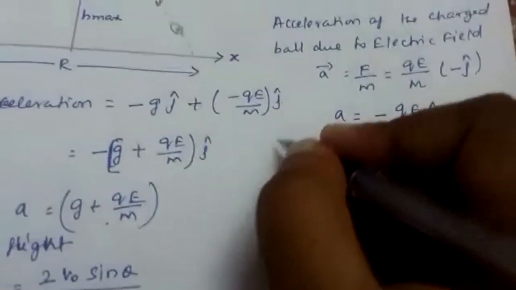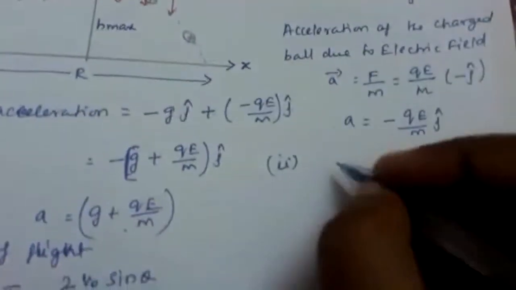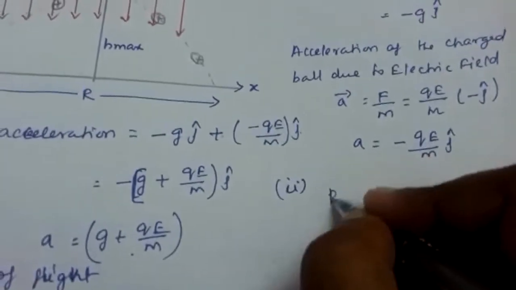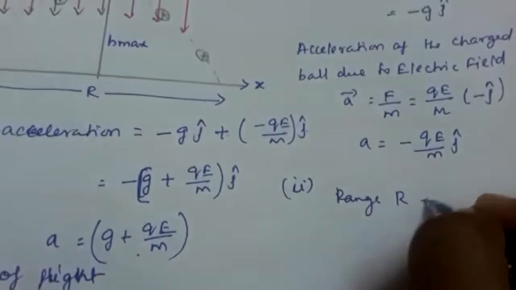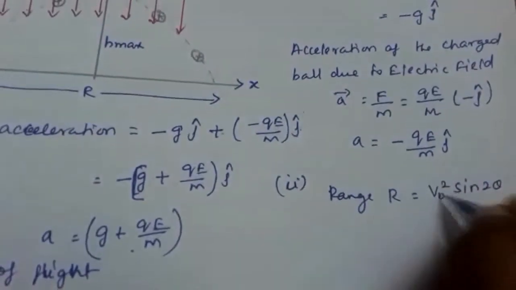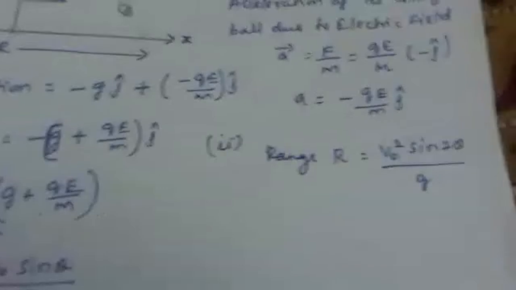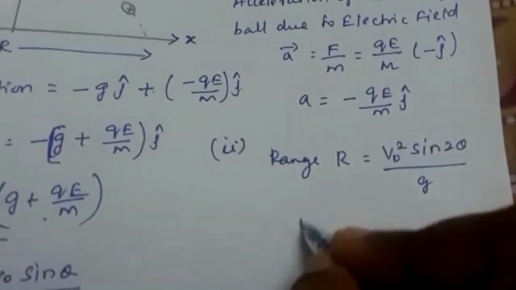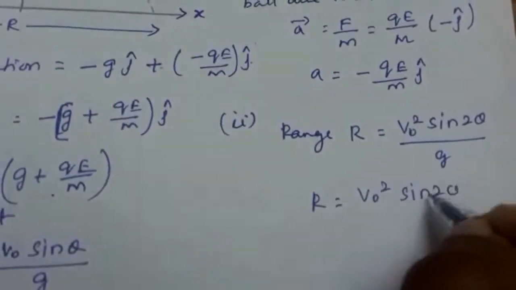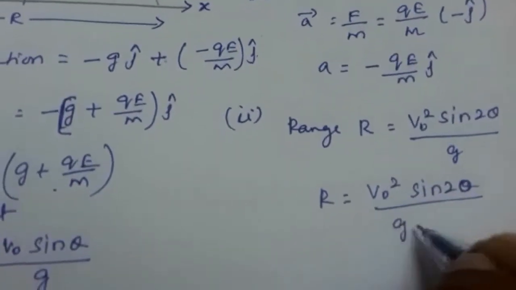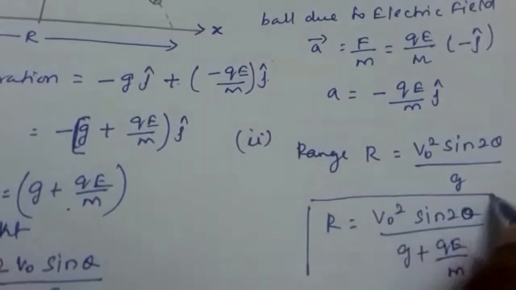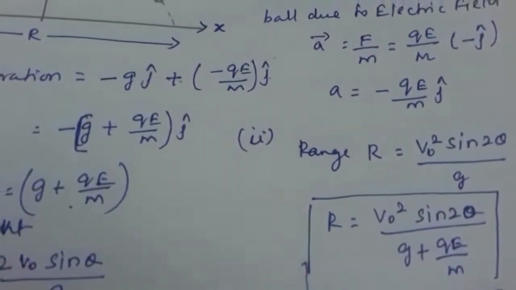Now we can find the horizontal range. R is equal to v0 square sine 2 theta by g. Here also we can replace g, so R is v0 square sine 2 theta divided by g plus qE by m. This is the range of the charged ball.